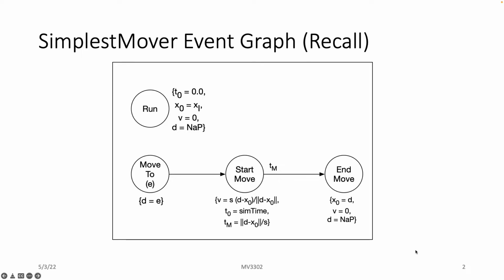So the idea is that we now have a component that can get us from one location to another, but the rules for how to get from one location to another are things for which there are lots of different possibilities.